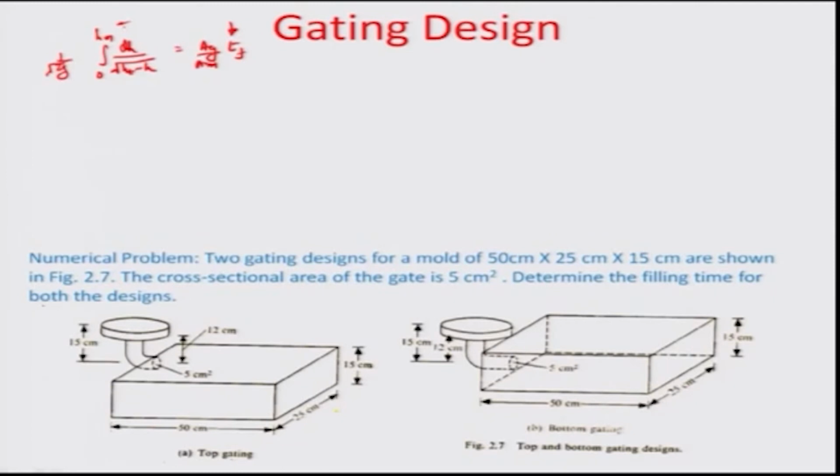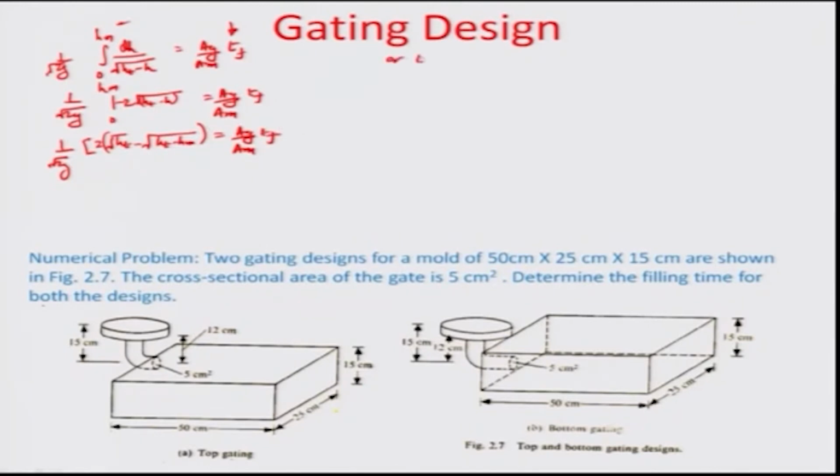So, this is how we would integrate, and the final form that would generate is 1 by root 2g times, from 0 to H_m, minus twice root of (H_t minus H), that is what comes from the integral, equals A_g by A_m times T_f. Substituting the limits of the integration, we have 1 by root 2g times 2 of root H_t minus root of (H_t minus H_m) equals A_g by A_m T_f.